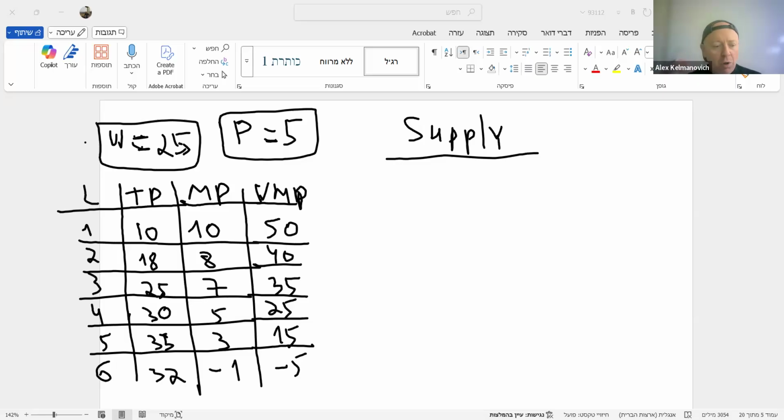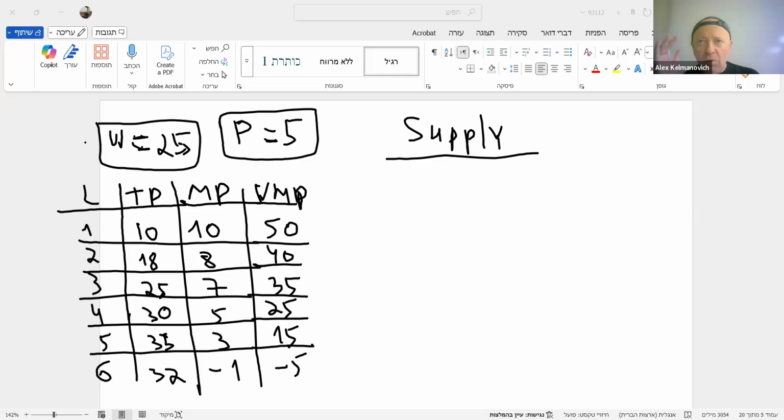Okay, the goal of the producer is always maximum profit. So tell me, how much labors would you take in this situation? So we shall take as many labors as long as their marginal VMP is higher than 25, the wage set by the market.